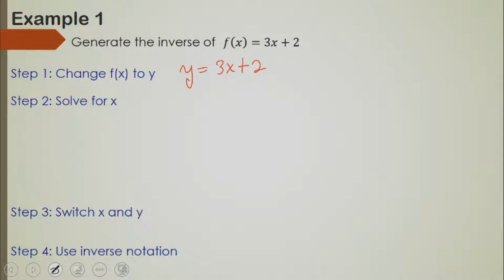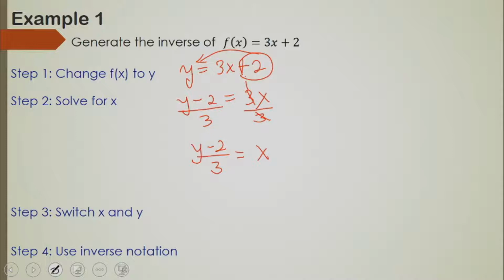So the way we solve for x is we want to move this 2 to the left to be able to isolate the x. So this becomes y minus 2 equals 3x. Then we need to divide by 3 on both sides to be able to eliminate the 3 that is multiplying the x. So now our x is isolated. We have y minus 2 divided by 3.